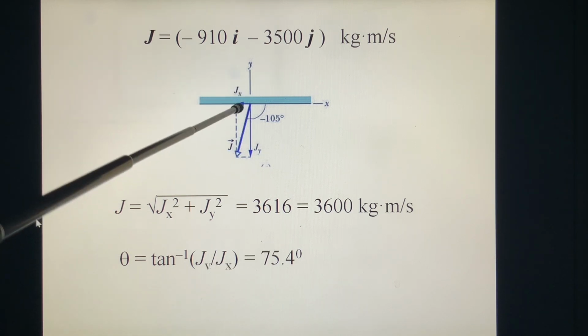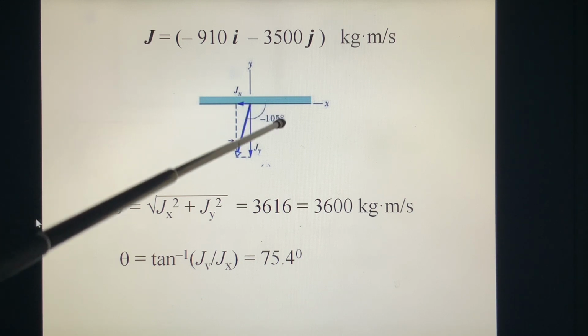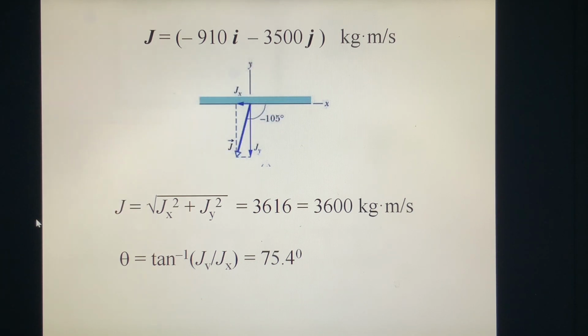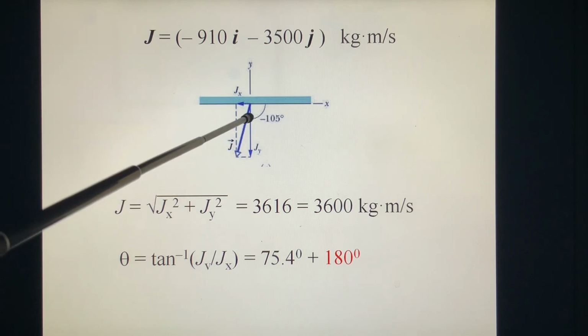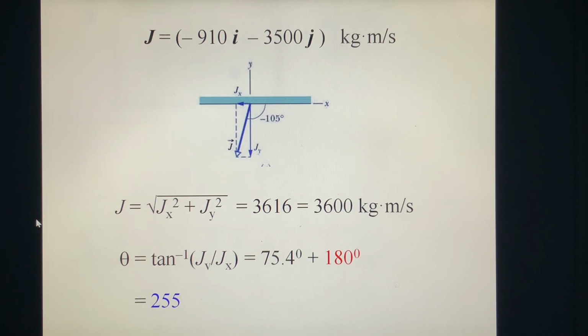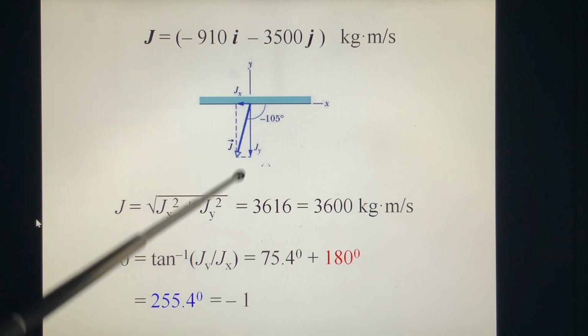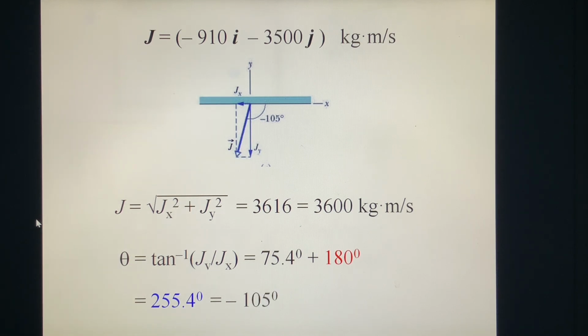We get 50.4, and the total is this plus 180, or you can look at it as 180 minus this one. So this is 255.4 degrees, or minus 105 degrees.